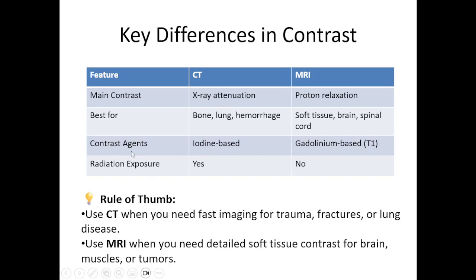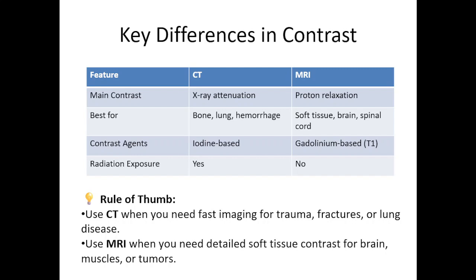In terms of contrast agents, iodine is used as a CT contrast agent because it increases X-ray absorption, making vessels and certain tissues brighter. Gadolinium is used in MRI because it shortens the T1 relaxation time, making the tissues appear brighter on T1 weighted images.